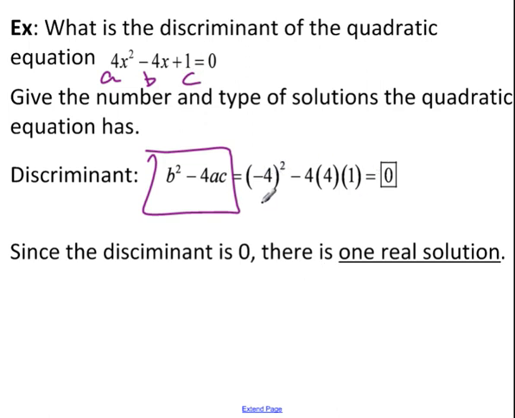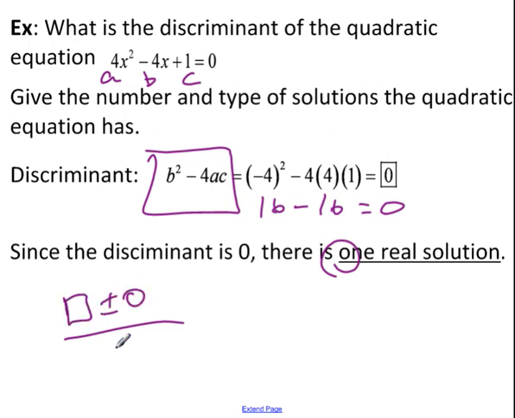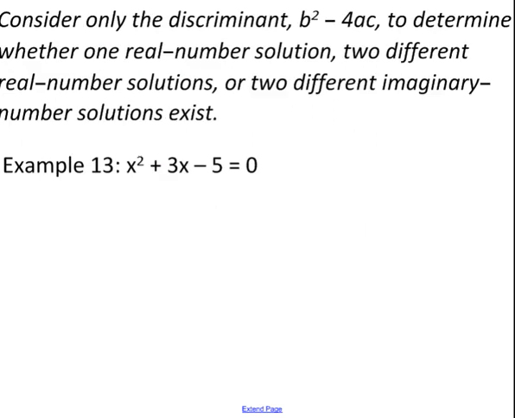Negative 4 squared gives us, what is that, 16 minus 16. Well, that comes out to be 0. So since it comes out to be 0, that is one solution. Because if we were doing the whole entire thing, we'd have our number plus or minus 0 right here, because our square root came out to be 0. So that all just goes away, and we're left with just whatever that fraction would be.